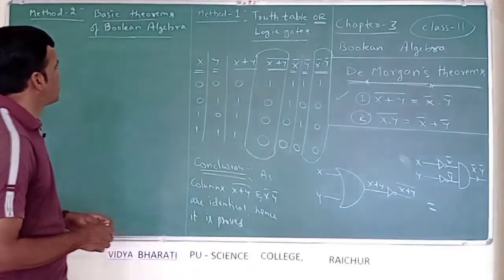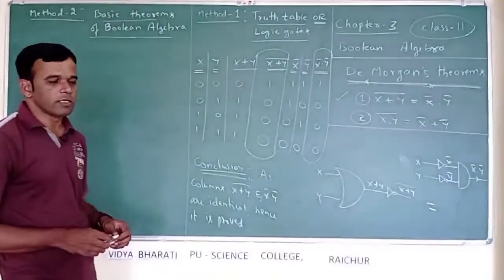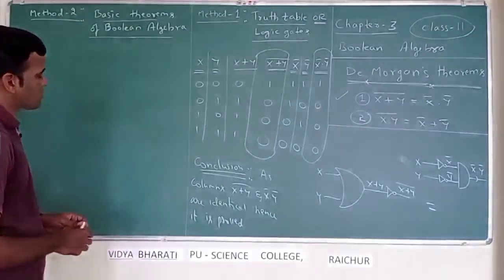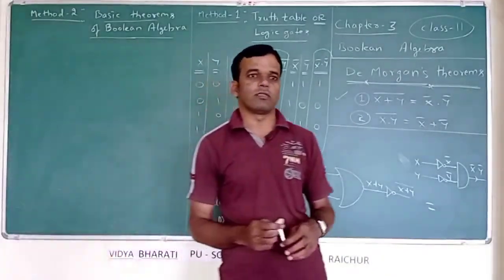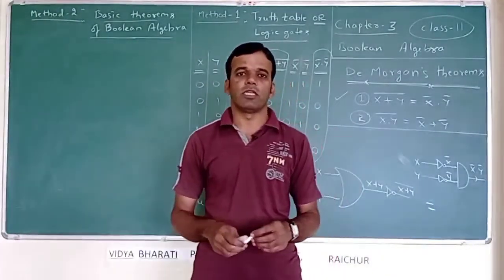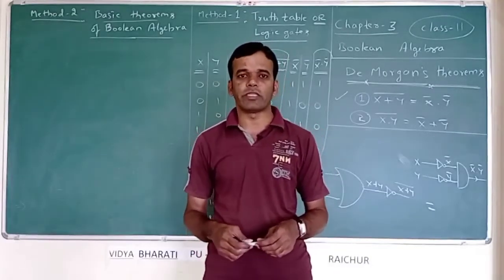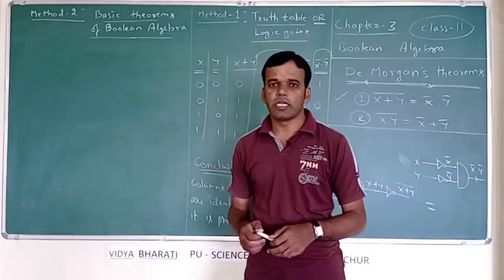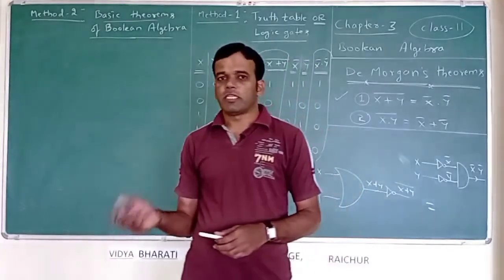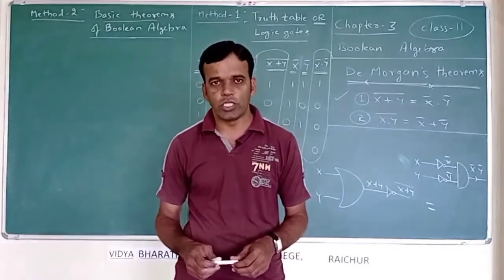We can even say this is without using a truth table. The main theorem we use to prove this first theorem is the complementarity law of the basic theorems of Boolean algebra. The complementarity law says that x plus x bar equals 1 and x into x bar equals 0.